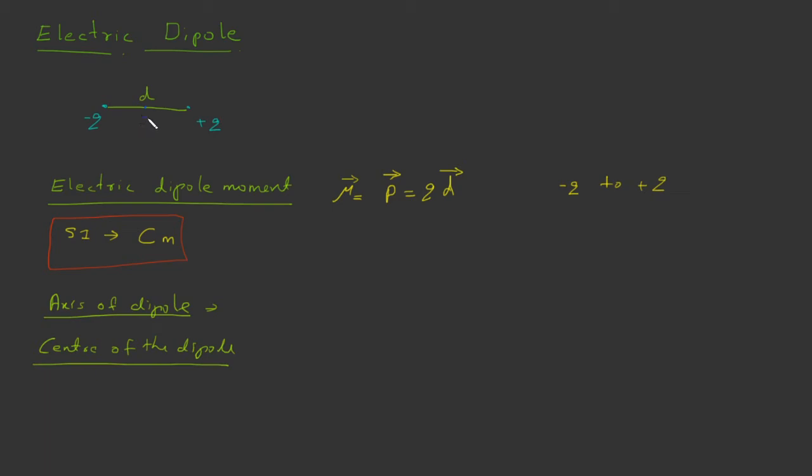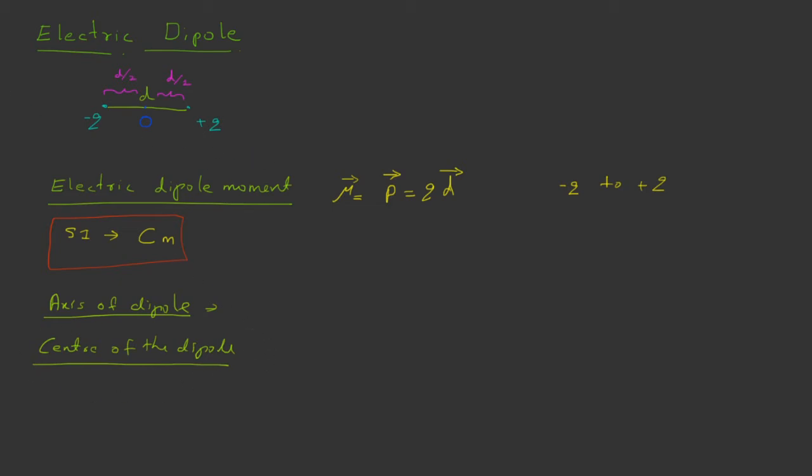So I am denoting it as O. Here O represents the center of the dipole, that is the midpoint of locations of minus q and plus q. So that this distance is d by 2 and this is also d by 2. So this O here represents the center of the dipole.